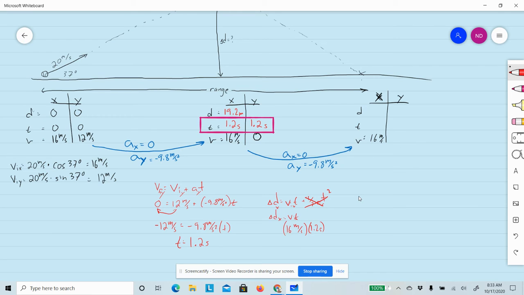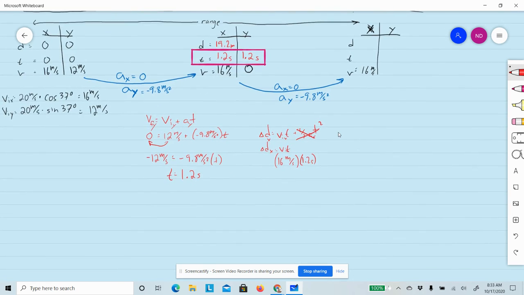How about in the Y direction? In the Y direction, delta dy equals ViT plus 1/2 AT squared. Delta dy, that's the maximum height.